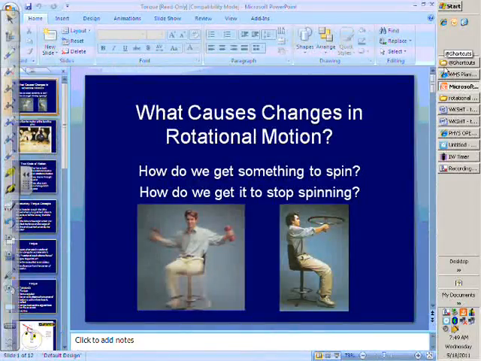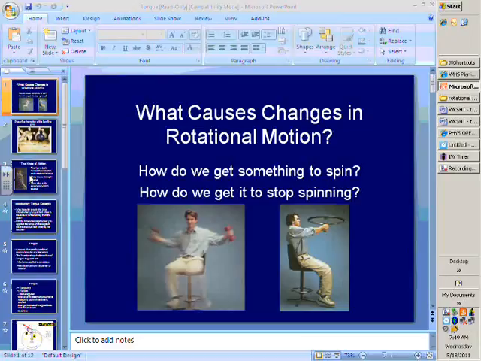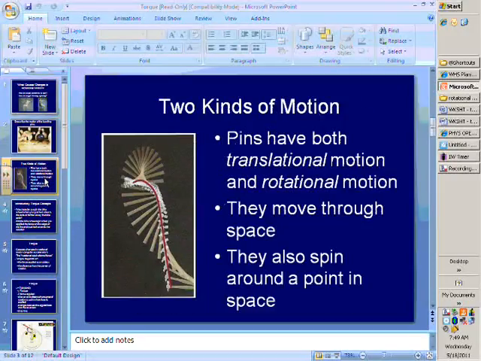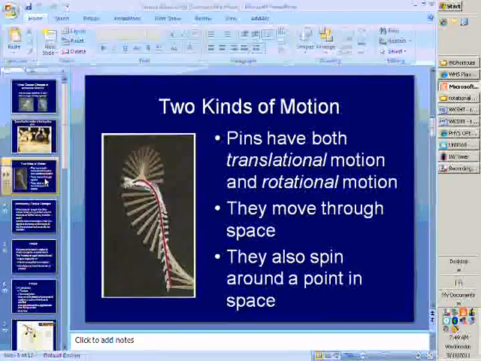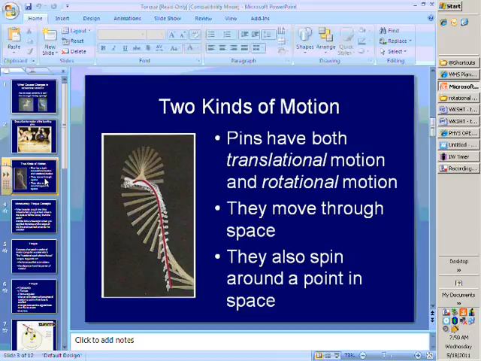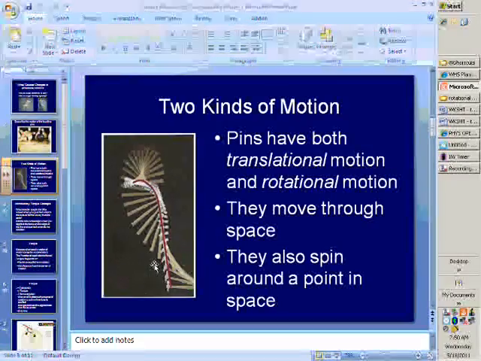Last Tuesday, we introduced this concept of torque. And we talked about the idea that a lot of times an object will be both moving through space, or flying through the air, or moving in a straight line, but also could be rotating while it's moving through space. We have this little time-lapse picture here that represents a hammer being thrown.